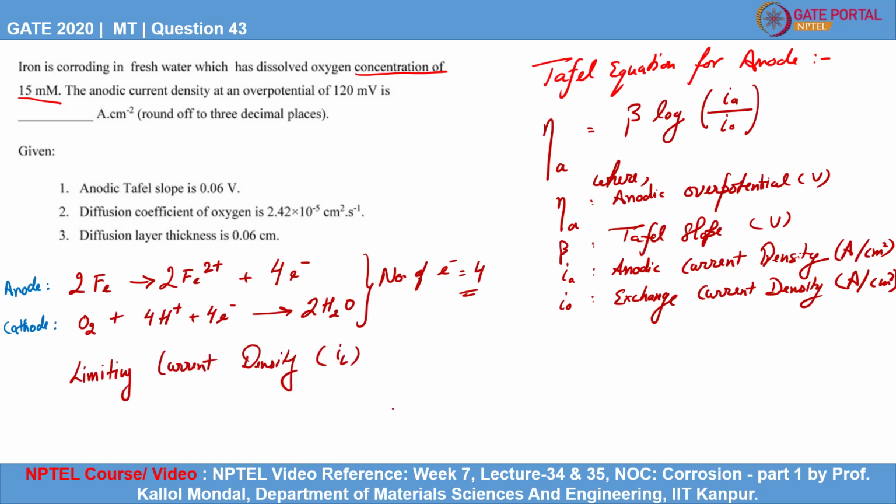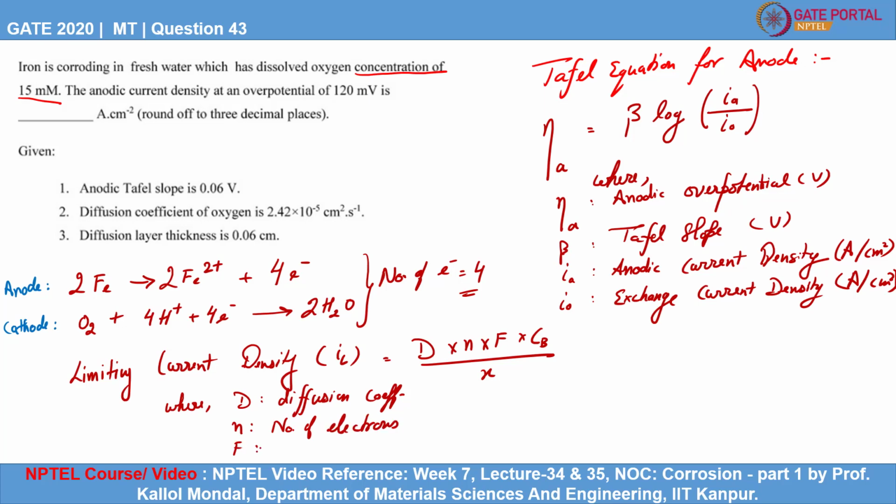Now here we have to determine the limiting current density, that is represented by IL. The limiting current density is given by this expression, where D is the diffusion coefficient, N is the number of electrons taking part in the system, F is Faraday's constant, Cb is the concentration of ions, and X is your diffusion layer thickness.